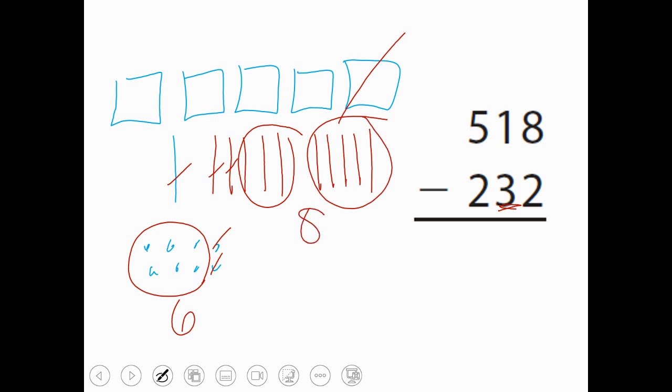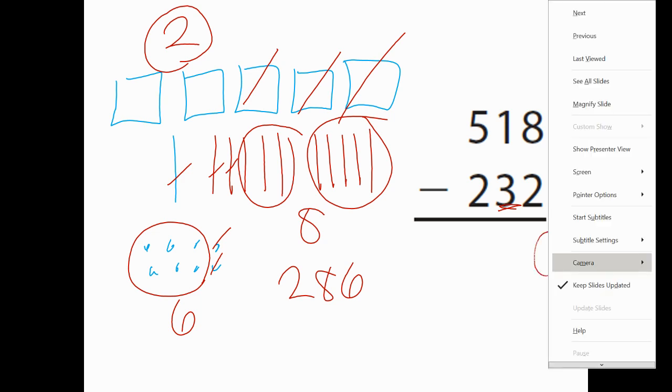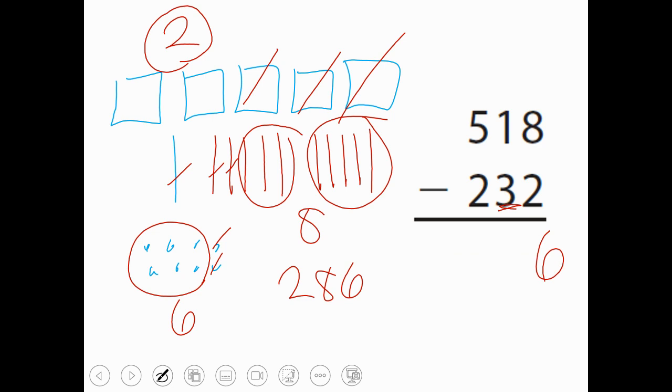That makes 8. Now I can move to my next place value. Take away 2. 1, 2. I have 2 left. So my answer here should be 286.